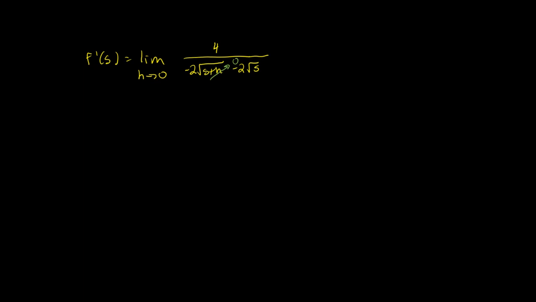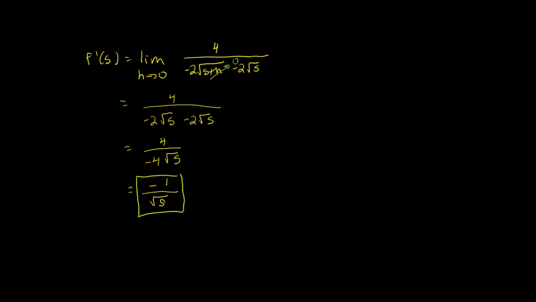So h here goes to 0, and we end up with 4 over negative 2 square root of s minus 2 square root of s, which is 4 over negative 4 square root of s. And then that simplifies to negative 1 over the square root of s. And that's what we're supposed to be getting.